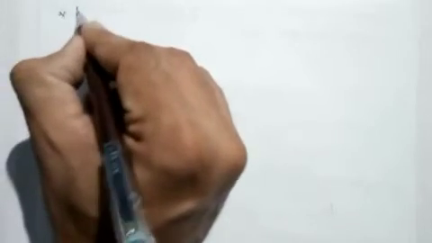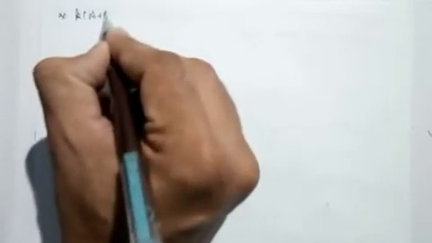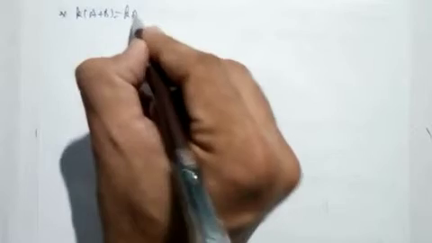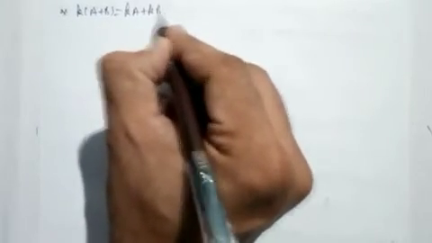If A and B are any matrices, L and M are scalars, then matrices obey these rules. Next one is K of A plus B. We can write it as KA plus KB.